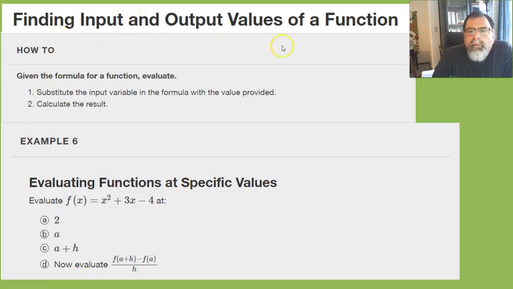Finding input and output values of a function. So given the formula for a function, to evaluate, substitute the input value in the formula with the value provided and then calculate the result. So example 6 here, we want to evaluate f of x equals x squared plus 3x minus 4.